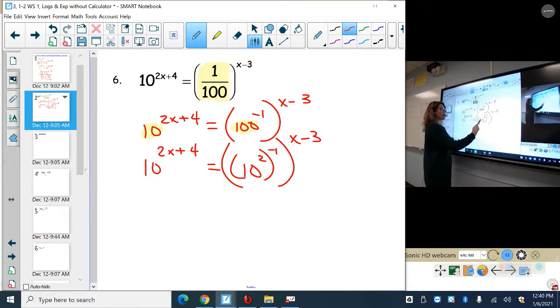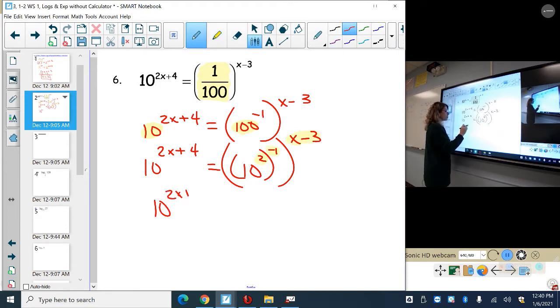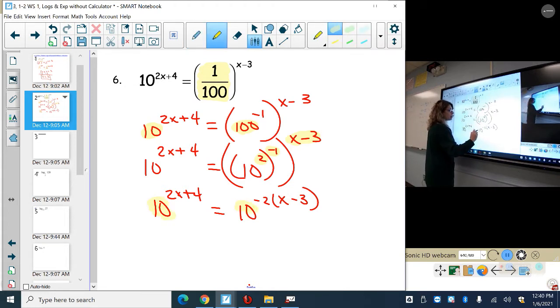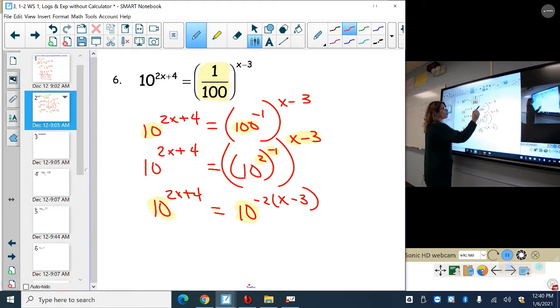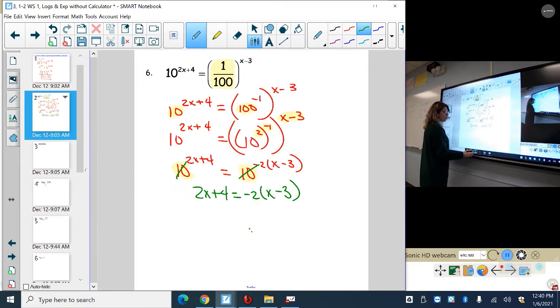So that means I have 10 squared, which is 100, raised to the negative 1 power, raised to the x minus 3 power. I'm simply going to multiply all of these together. That gives me 10 to the 2x plus 4 is equal to 10 to the negative 2 times x minus 3. Now I have my bases being the same, so all I have to do is cross them out. I have 2x plus 4 is equal to negative 2 times x minus 3, and simply solve for x.